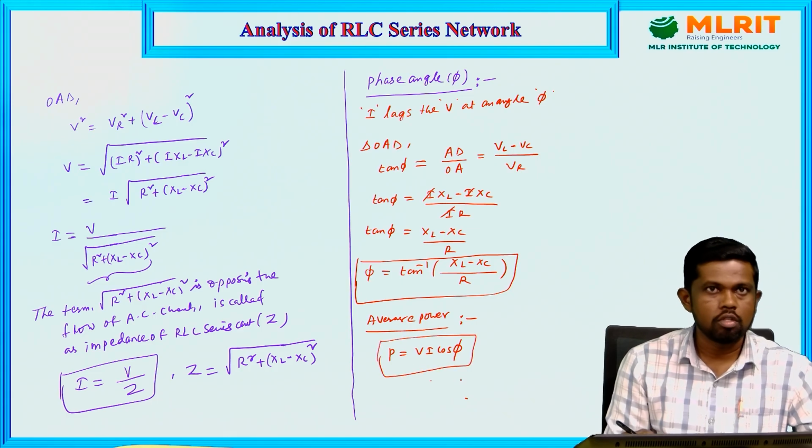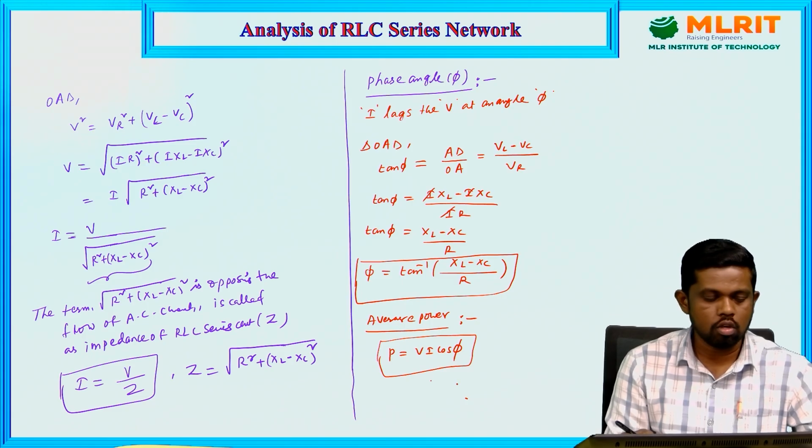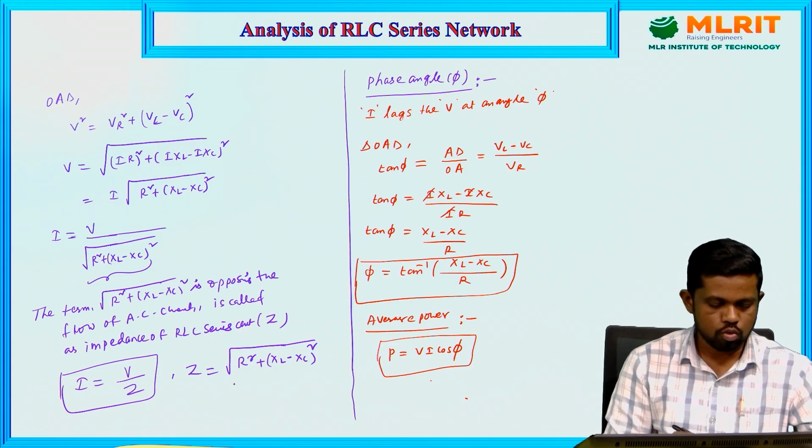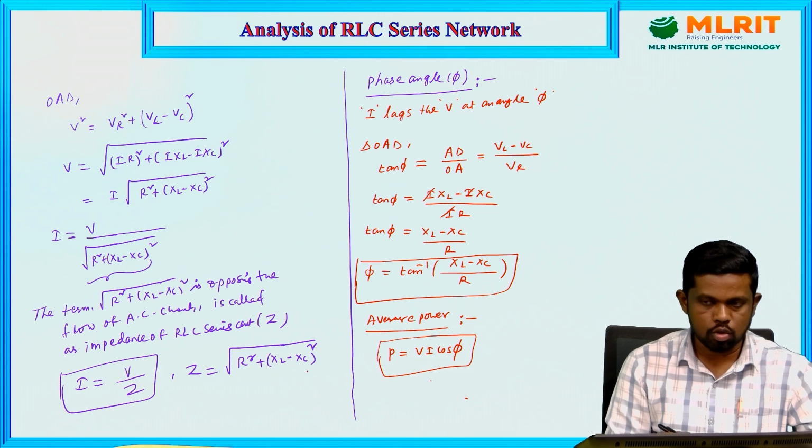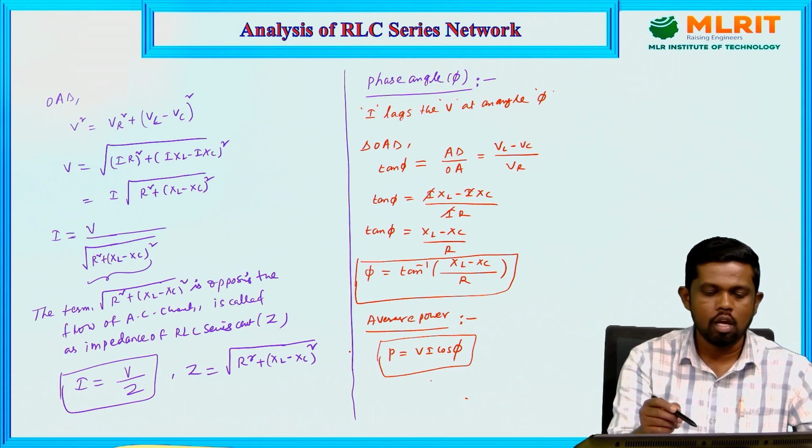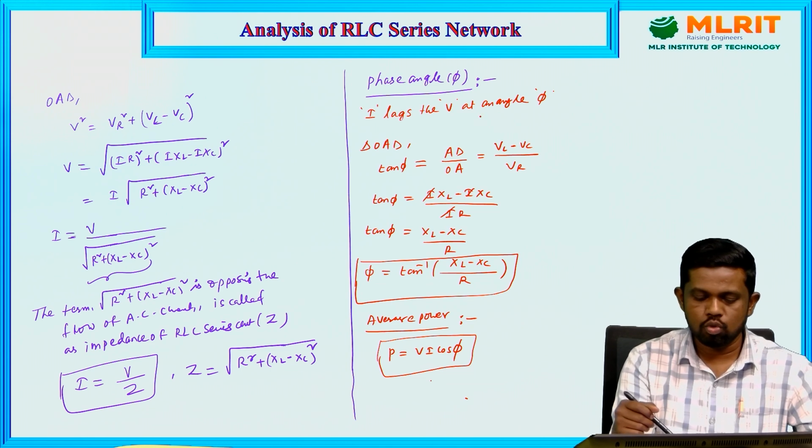So till now we have discussed the voltage taken by the network, the current supplied to the network by the voltage source, and the impedance offered by the network, that is the square root of R square plus (XL minus XC) whole square. Then based on that we determined the phase angle, the power factor angle, and the average power taken by the network.